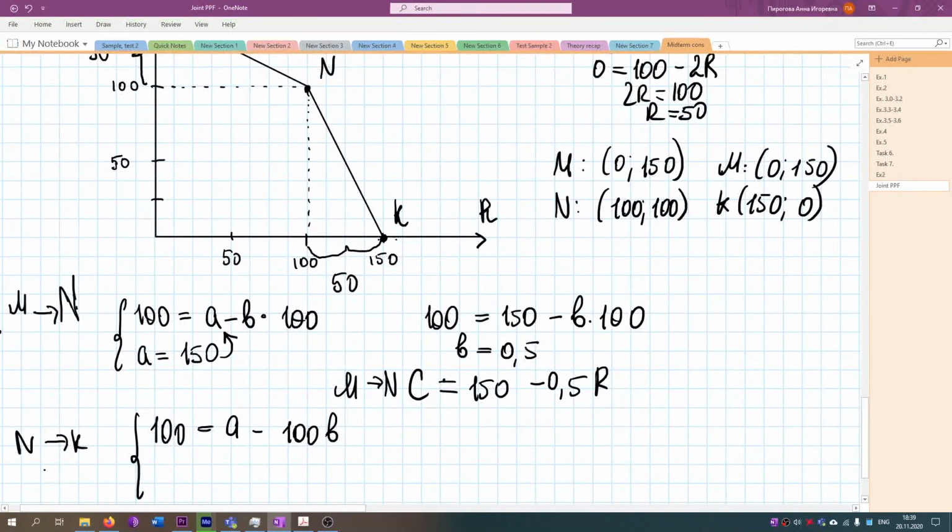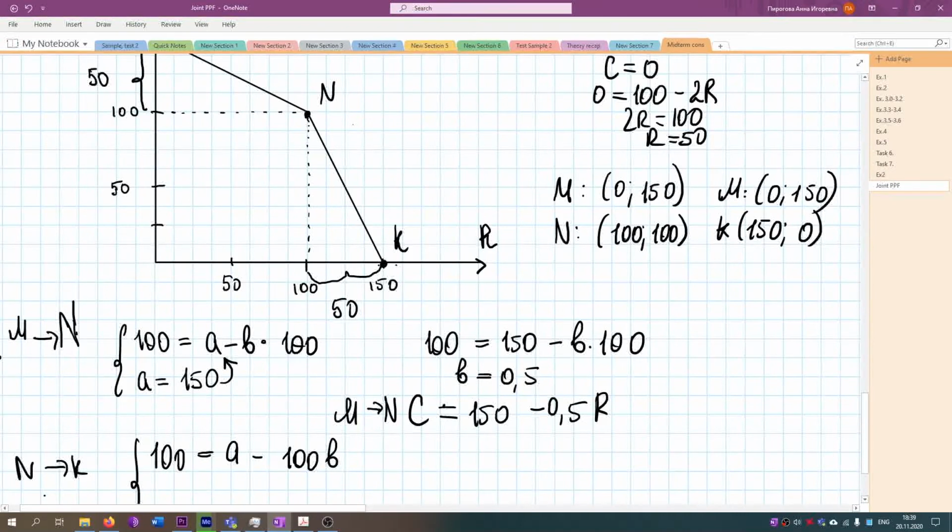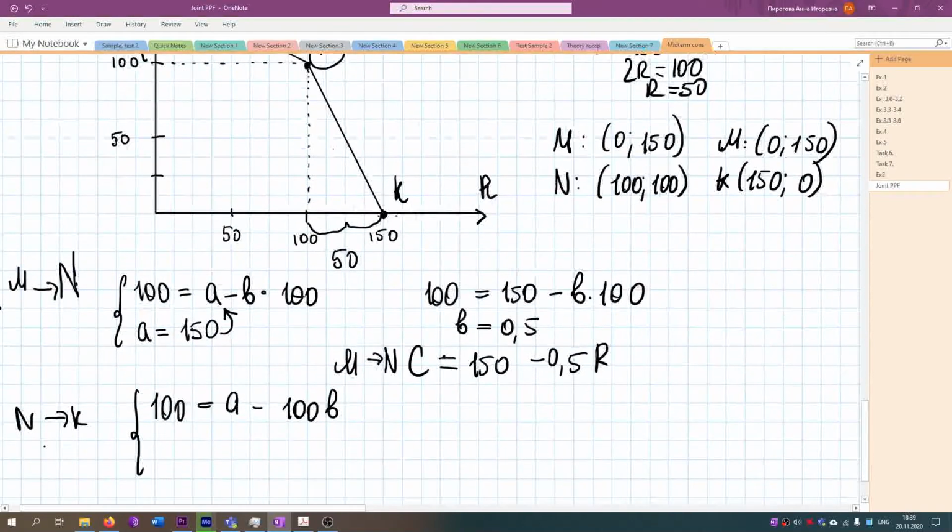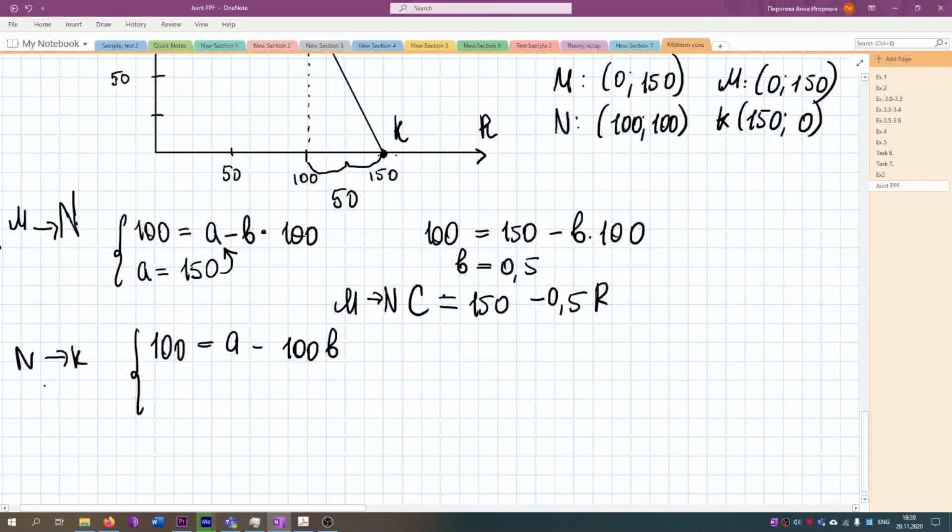This is because we are plugging in the coordinates of this point, because we don't know where this line, which passes through the points N and K, will have an intersection with the y-axis. That's why we use coordinates of 2 points. And the coordinates of the second point, K, we use also in this equation.